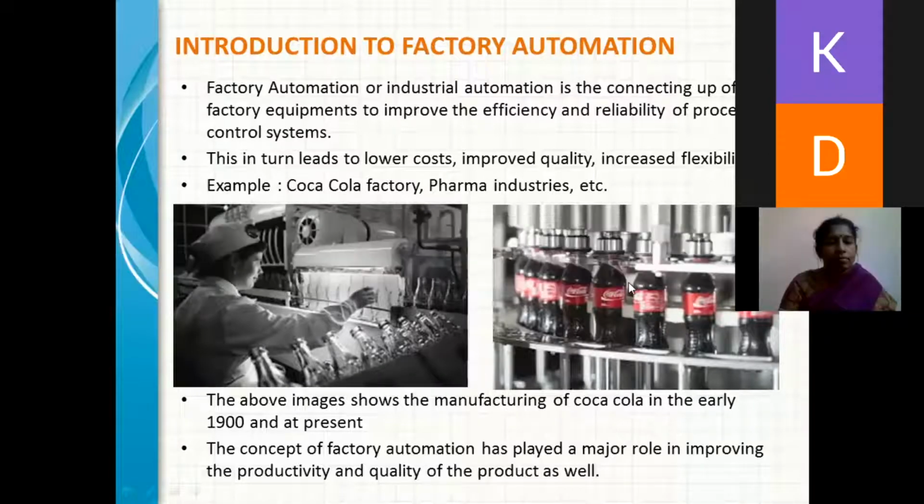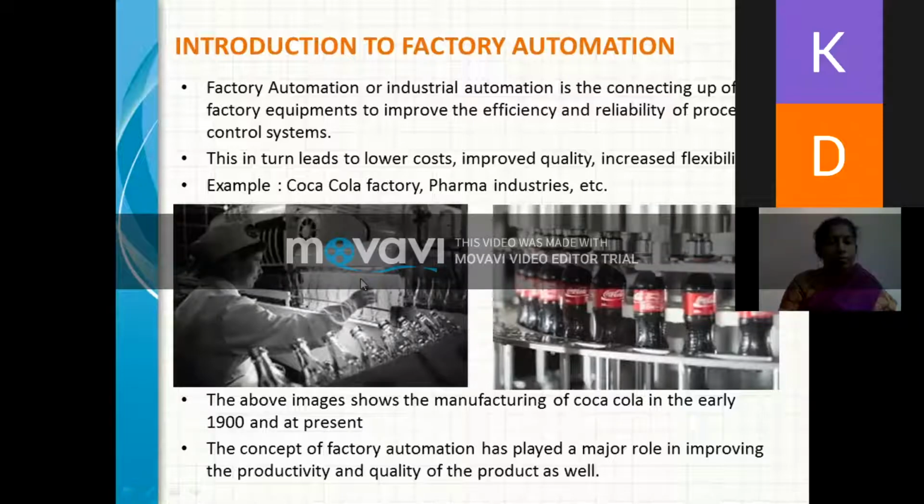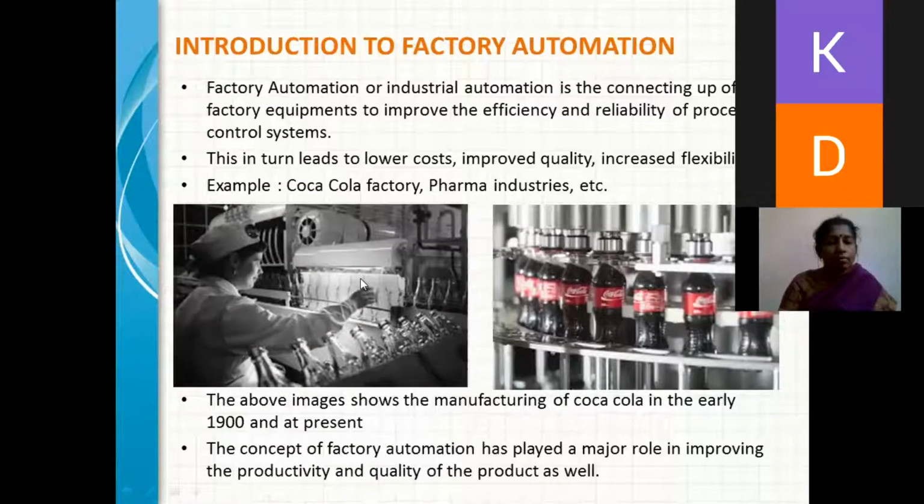About thousands of Coca-Cola bottles can be produced in a minute. So this is what we call factory automation. On the left hand side, each and every bottle is filled individually, aerated, and packed. You can imagine the time it takes to fill a bottle and give it to packaging.